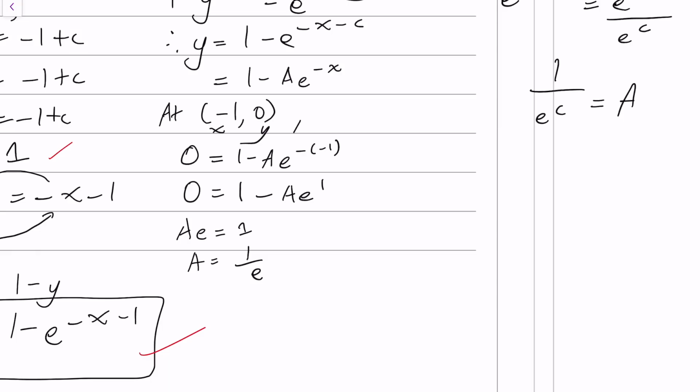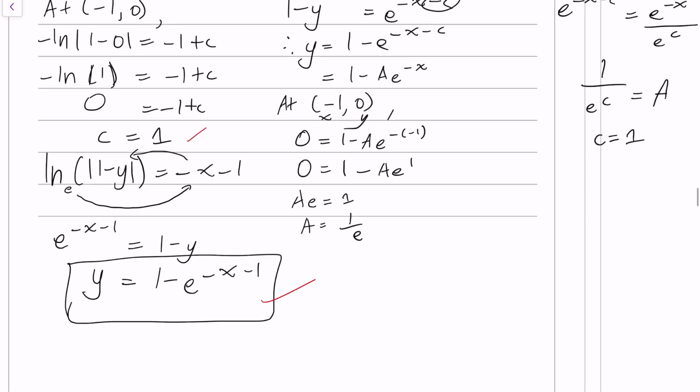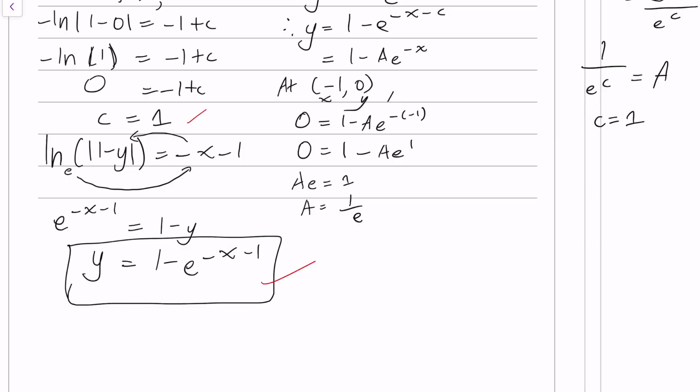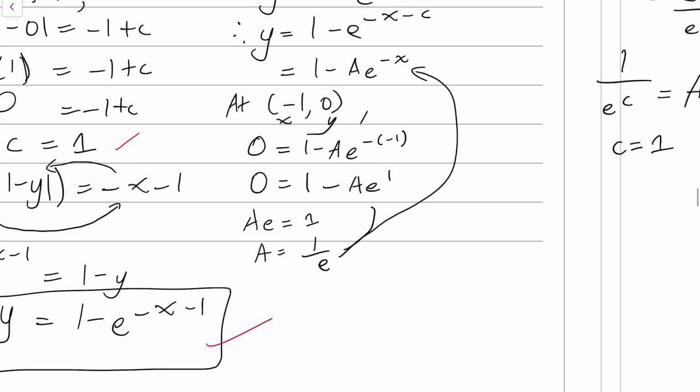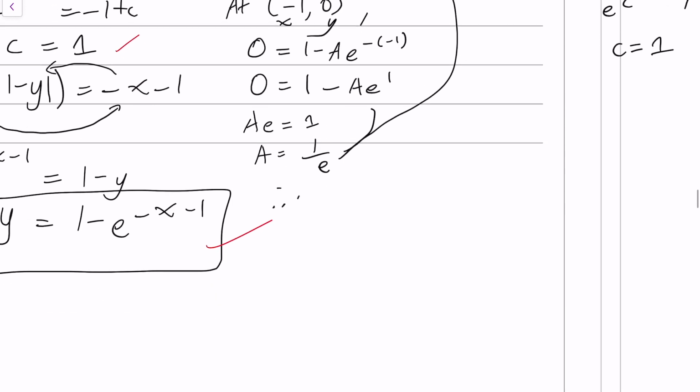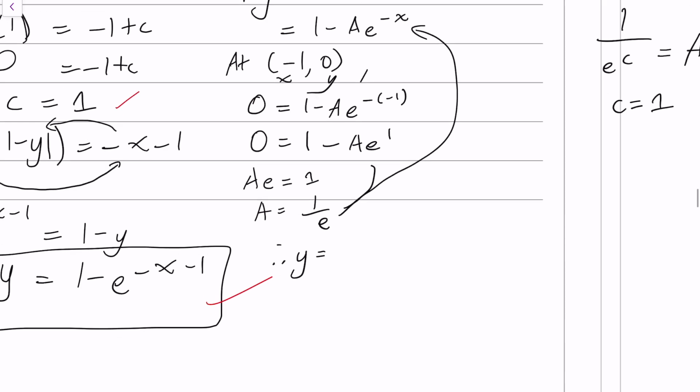Okay, and obviously my c value was just going to be 1 as well, so that works out. And then I can just substitute my a value back into this equation here and then say therefore y is equal to 1 minus 1 over e times e to the power of negative x.